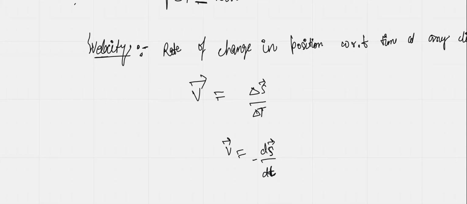Clear, Bhavna? And this can also be called instantaneous velocity.